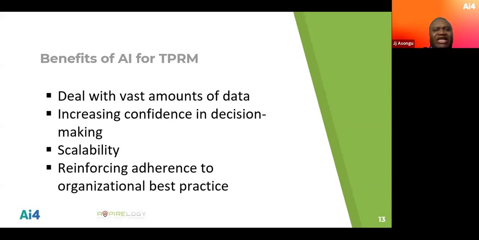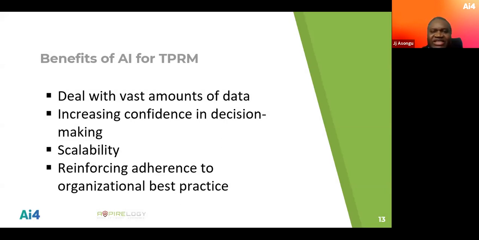So what are the benefits of AI in third-party risk management? One of the main benefits is that it helps us deal with large amounts of data.